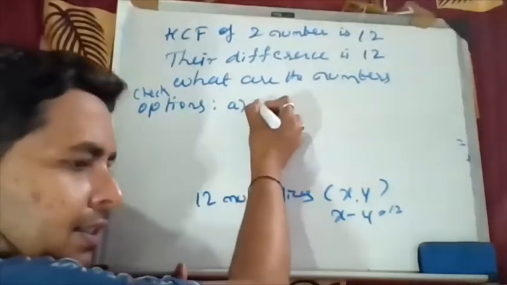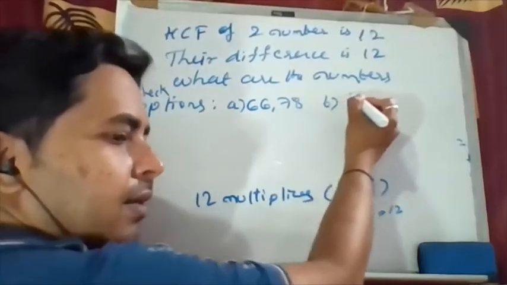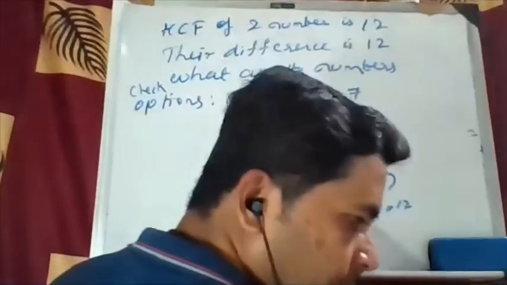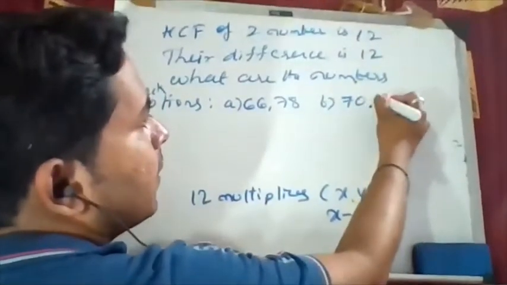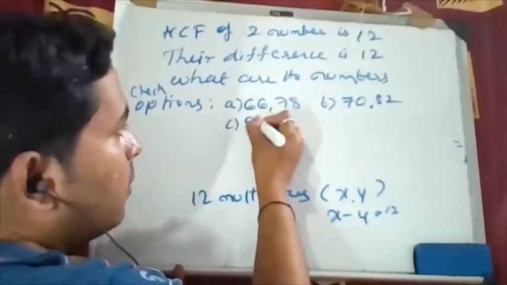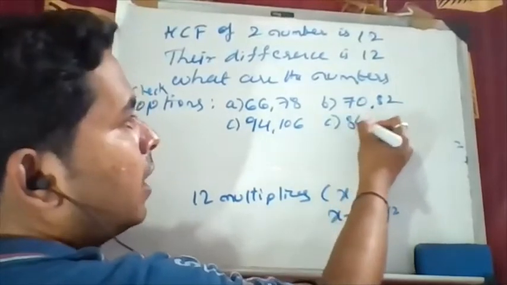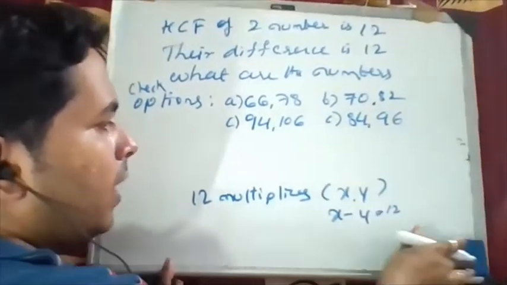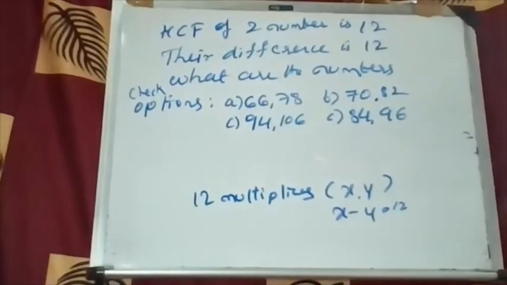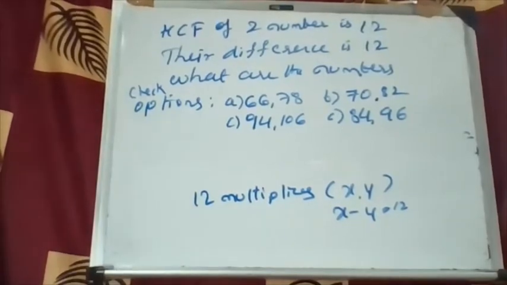Option A is 66, 78. Option B is 70 and 82. Option C is 94 and 106. And option D is 84 and 96. Okay, so इनमें से just check all the options. My condition has to hold.